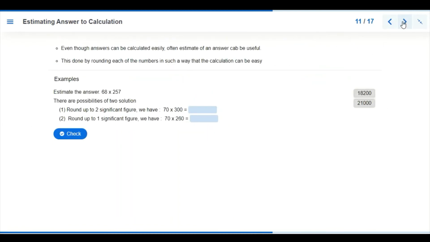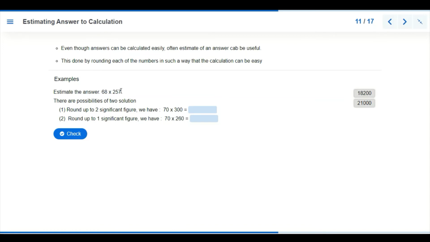So now let's look at an activity here. This activity is telling us to see what happens by the time we are rounding up to significant figures. So we are trying to estimate this. So let's see, if you have 68 multiplied by 257, let's approximate this one to the nearest 2 digits. 8 becomes 1, add to 6, that is 7, so you make this 70.